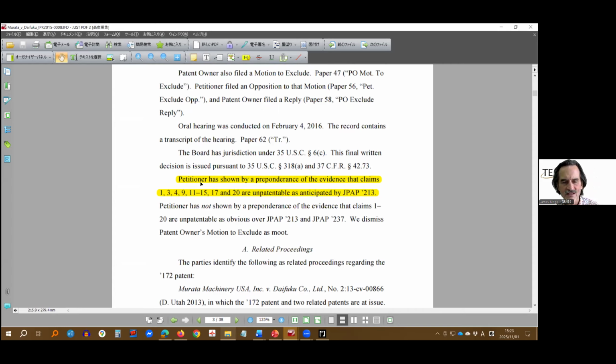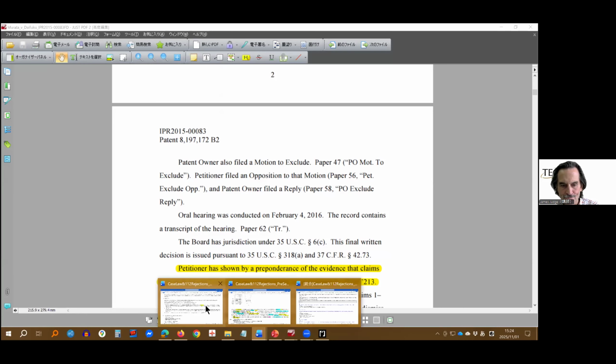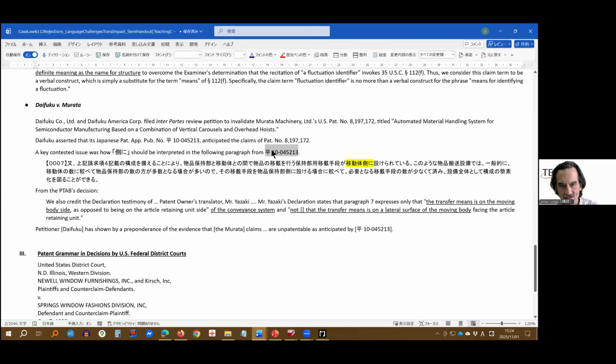And here it says, petitioner has shown by a preponderance of the evidence, petitioner is Daifuku, that the claims are unpatentable as anticipated. And Japanese patent application publication 213 is the same as this patent application.